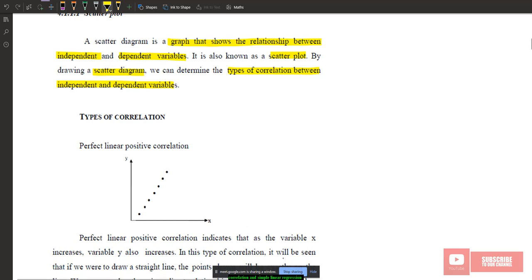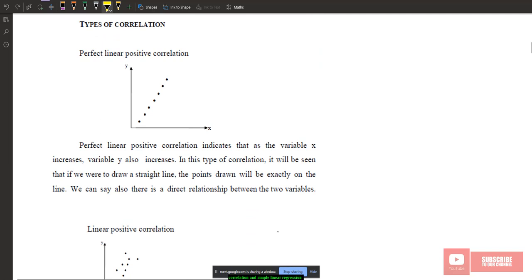Now look at the types of correlation by scatter diagram. If you have this type of graph where the observations are perfectly oriented on a straight line, this is very rare to get. This is what we call a perfect linear positive correlation, when we see the trend is upward.